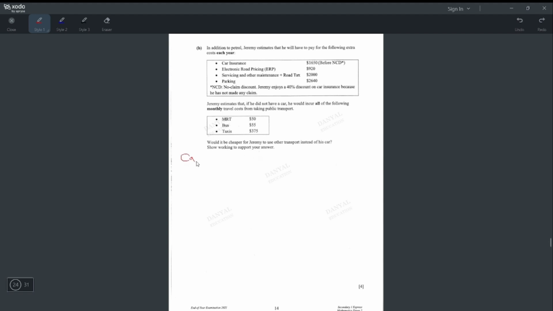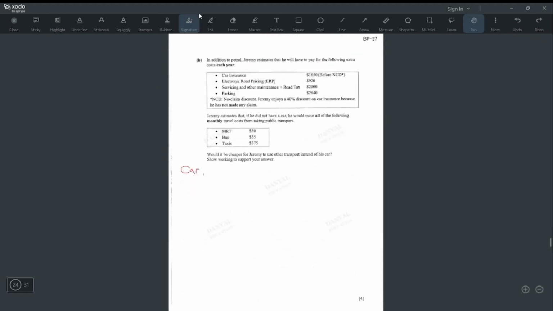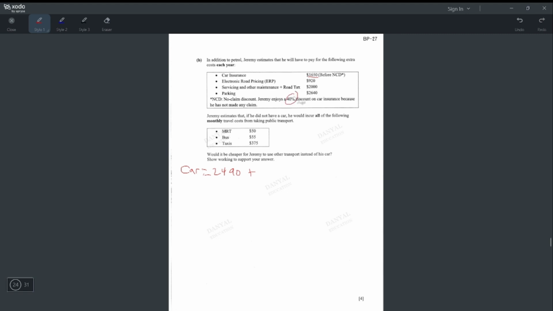For the car, we would have our original petrol amount, which is 2,490, added with 1,650 with a 40% discount because of this no claim discount right here. So 1,650 multiplied by 0.6, plus 920, plus 2,000, and finally plus 2,640.